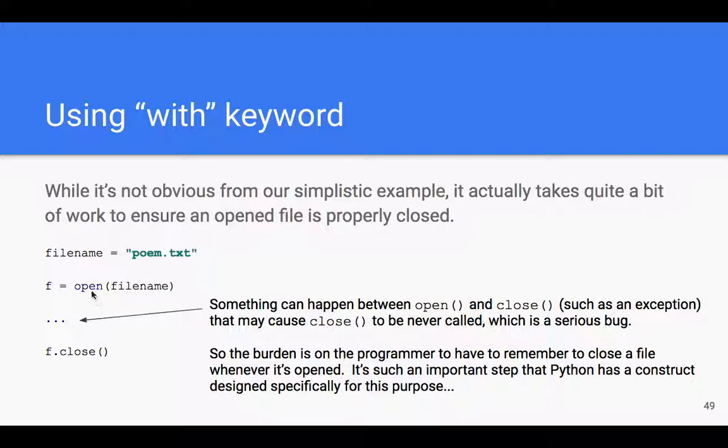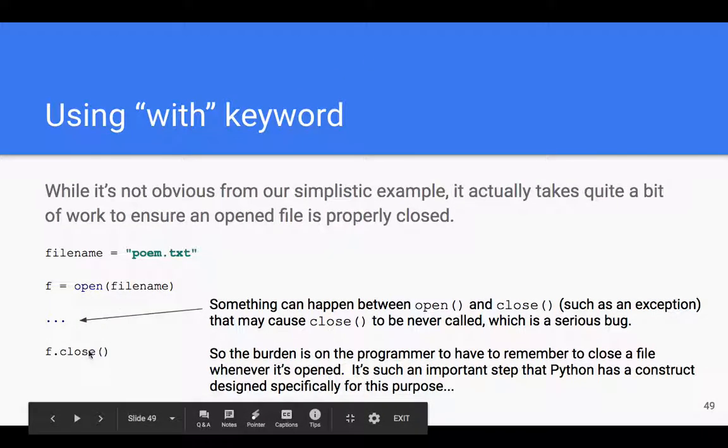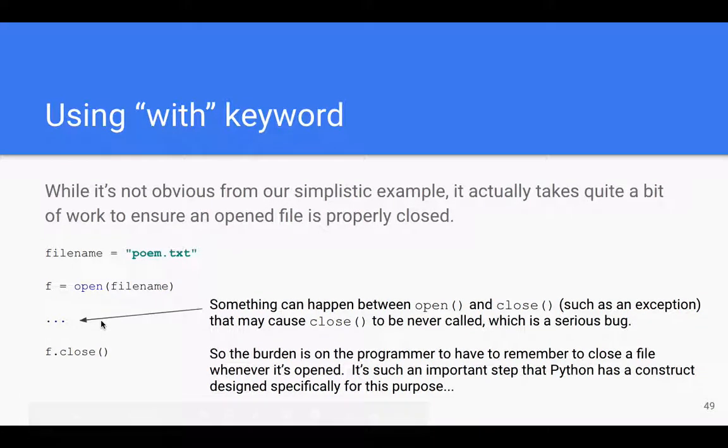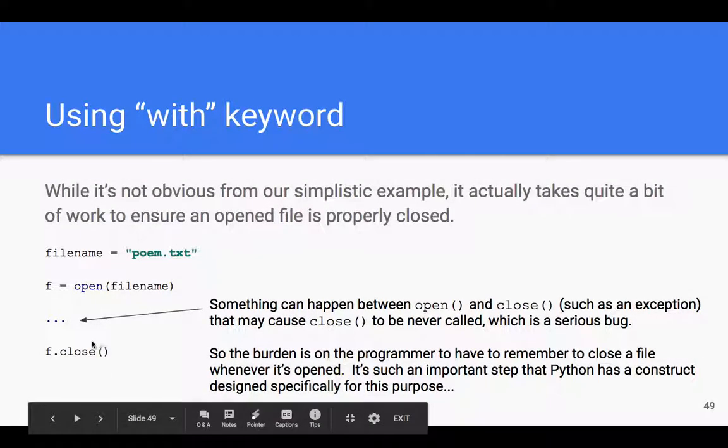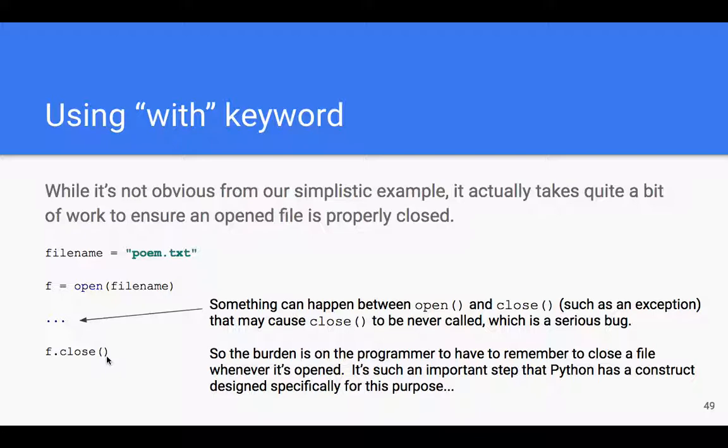Many times between opening and closing a file, other things can happen. And sometimes those things can cause the program not to reach the line where we close the file. And as we already said, if we don't close a file properly when we're done, it's a serious bug. It's a resource leak.